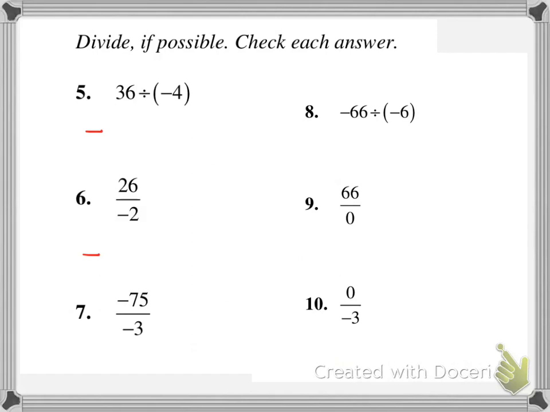Number 7, a negative divided by a negative is a positive, and we don't usually put the plus in front of a positive number, it's assumed, but just for our purposes here, I'm going to go ahead and put that. A negative divided by a negative, again, is positive. Dividing by 0, we would say undefined or not defined.